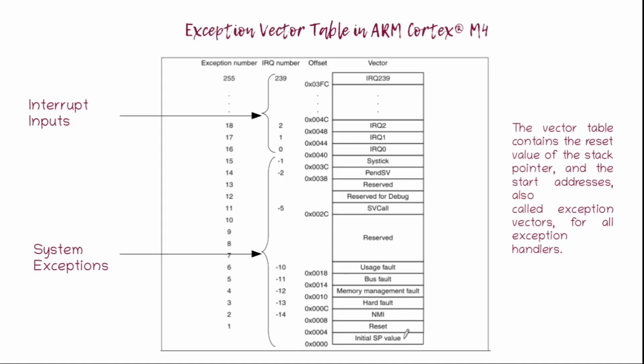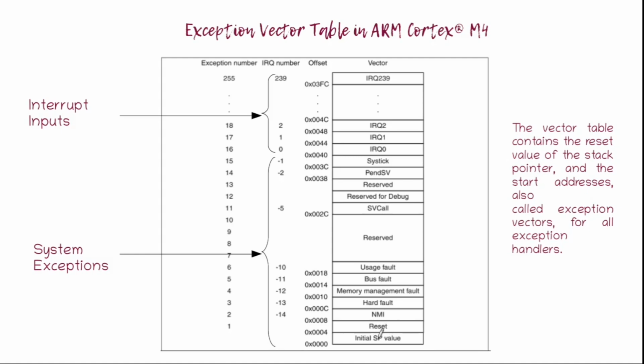Though we are talking about exceptions and interrupts here, since we also have the initial stack pointer value and reset here, I'm mentioning it nevertheless. We are going to come back to this when we talk about the init process for Cortex M4 later. So we have the initial stack pointer value.